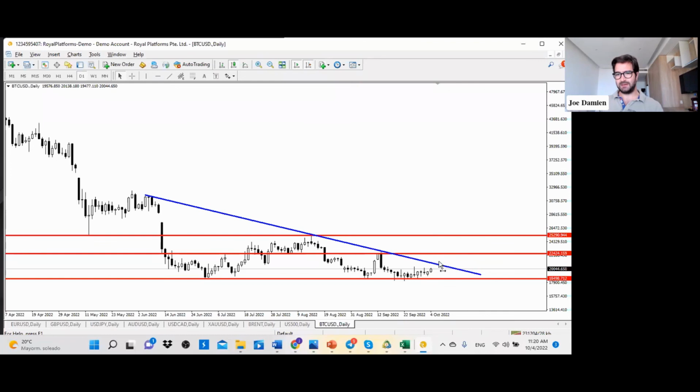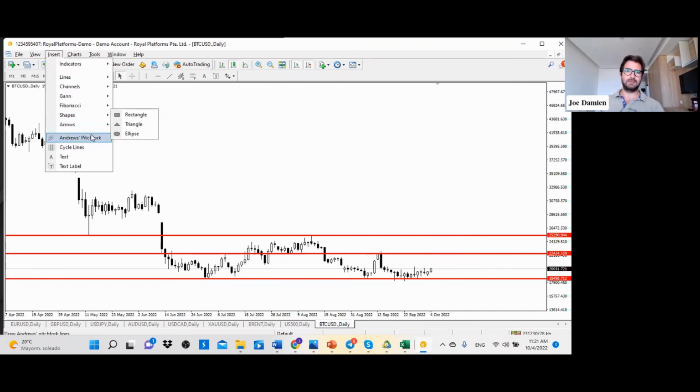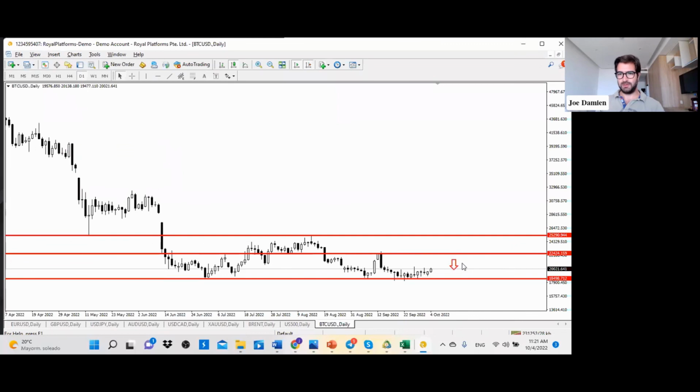If the market breaches this bearish trend line, it could reach first the 22K. Around this area here, the market could drop again to the downside. So the market most probably will test this resistance first and then drop to 18,000.